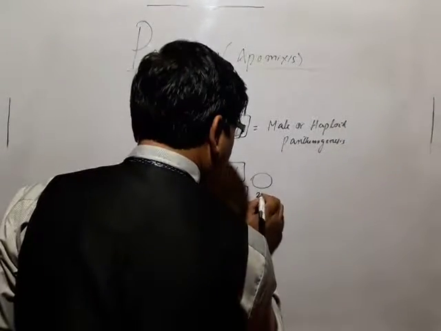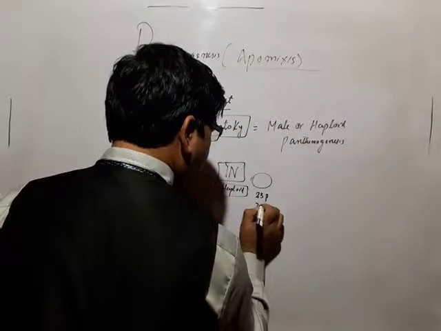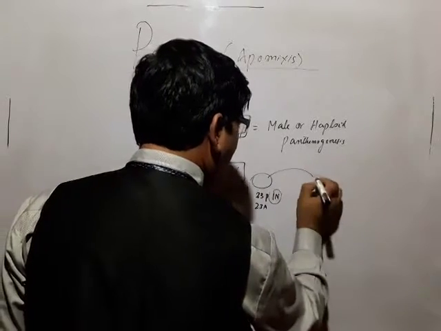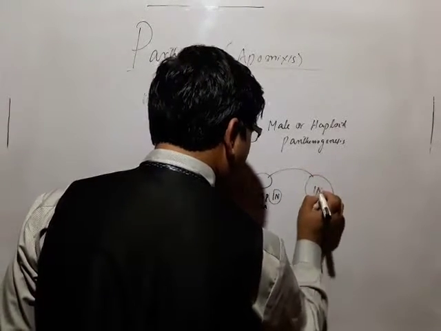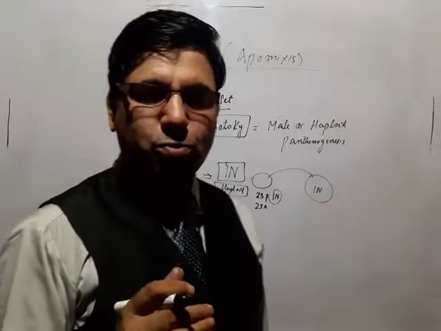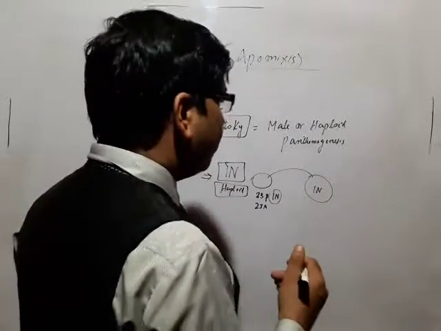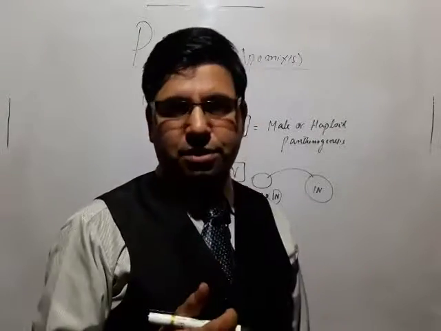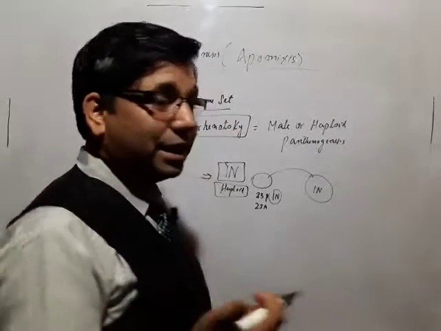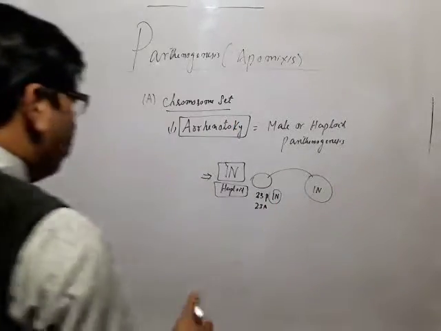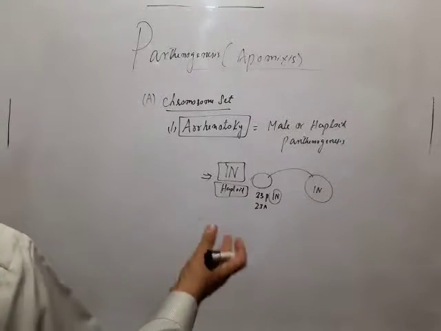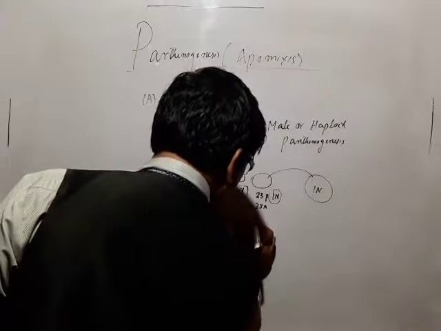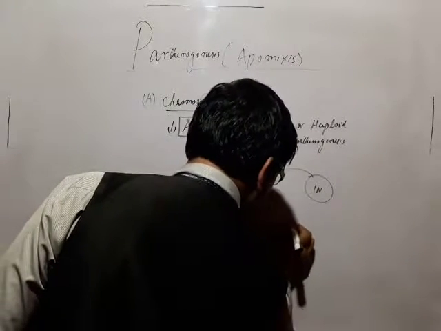The 23 set is present, another 23 set is absent, so it is haploid, 1n. It will go on to form an individual which is also 1n, having a single set of chromosomes. This is called male or haploid parthenogenesis because these individuals are mostly males. As in the case of honeybees, but here we are putting the example of some insects. It occurs in arachnida and some insects.